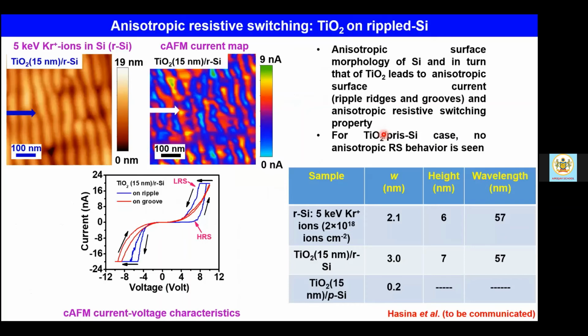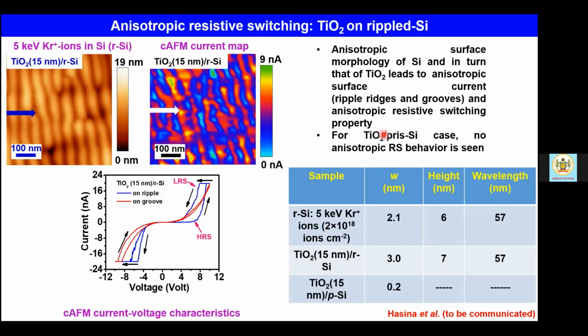And on these patterned surfaces, when we deposit titanium dioxide thin films, a very nice anisotropic resistive switching property also gets manifested. Dr. Panda has talked a lot about this, I suppose, in the morning. Unfortunately, I missed your talk. Tomorrow I'll be there.